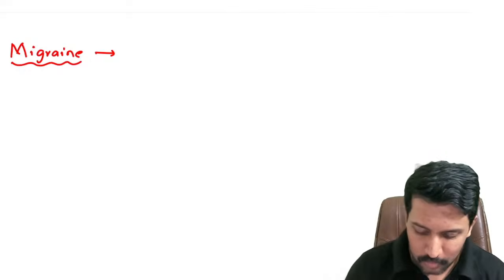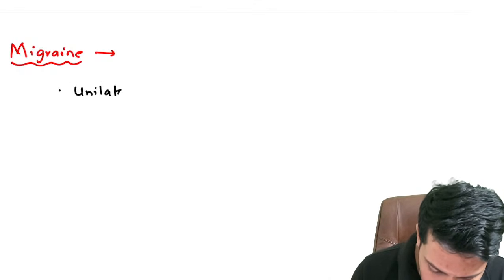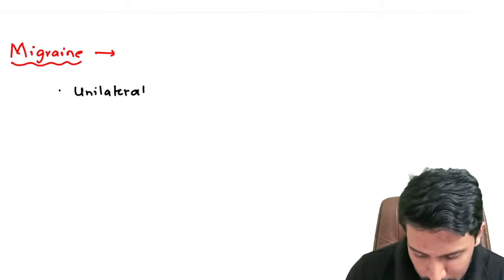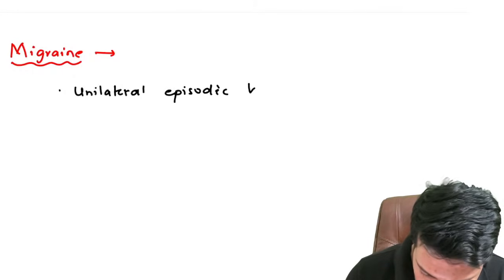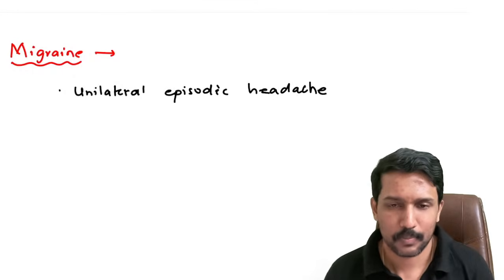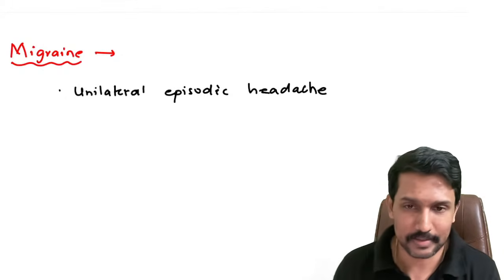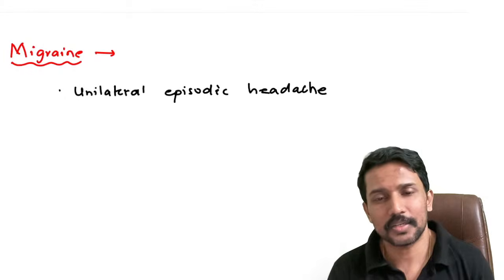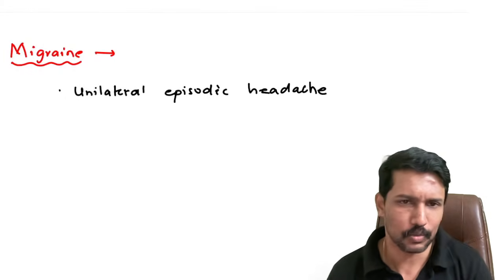So when we are talking about migraine, migraine is a unilateral episodic primary headache. Tension type is bilateral. All the TACs, like cluster headache, are unilateral. So only tension type headache is bilateral among the primary headaches. That way it is very easy to remember.